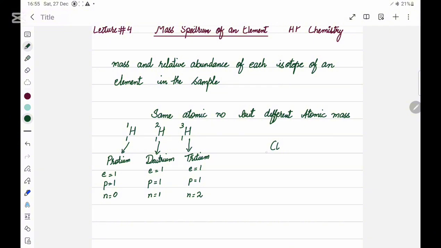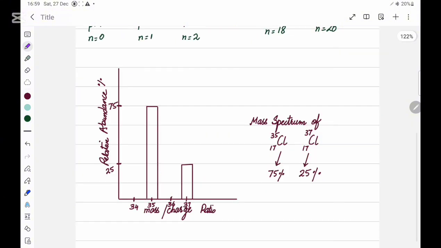If we take the example of chlorine 17-35 and chlorine 17-37, this one has electron 17, proton 17 and neutrons 18. Electron 17, proton 17 but neutrons are 20. So these are basically the isotopes of chlorine, and now we are going to discuss the mass spectrum.